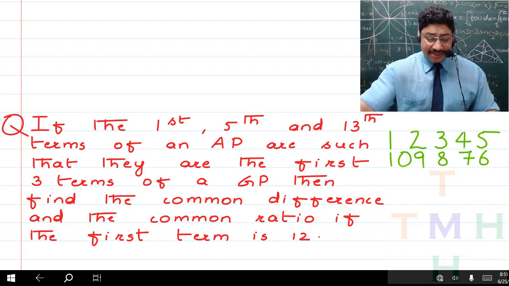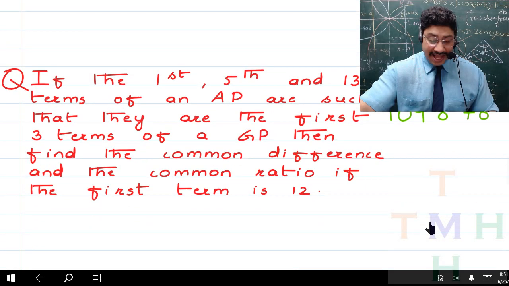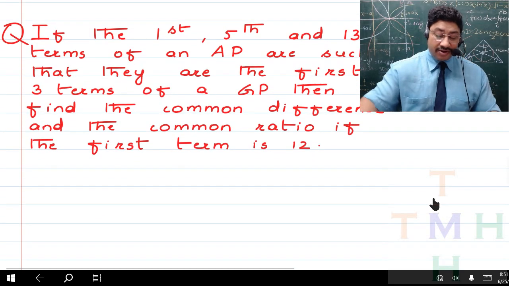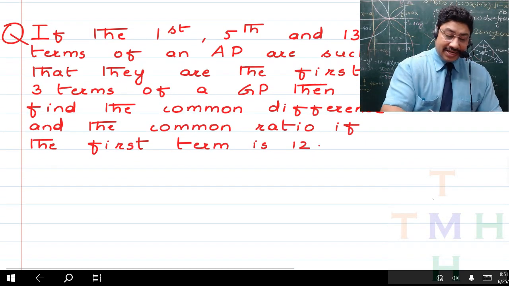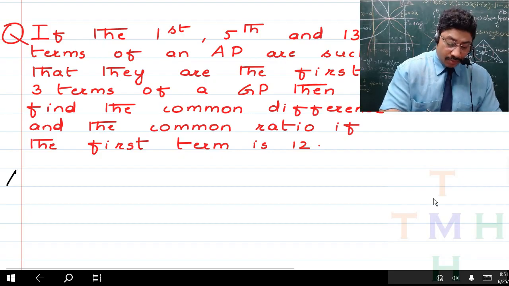Well, now let's continue with the sum. Here we've been given that the first, fifth and 13th terms of an AP are such that they are the first 3 terms of a GP, right? So this data is what we will write first.